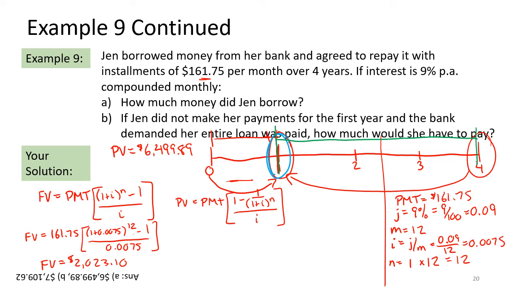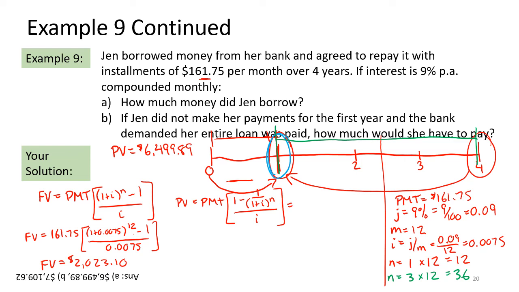The payment didn't change, the periodic interest rate didn't change, but what did change was the value for n. In this case, n is equal to, we have 3 years, but we still have 12 payments a year. So in this instance, n is 36. The other values didn't change. The payments are still 161.75, and our periodic interest rate is still the same, 0.0075.